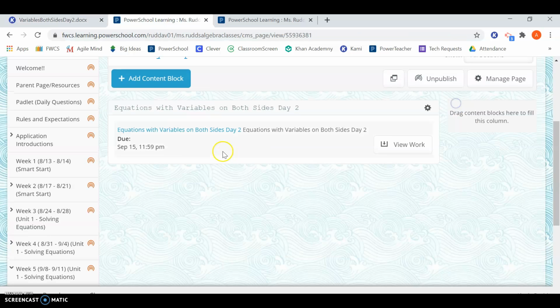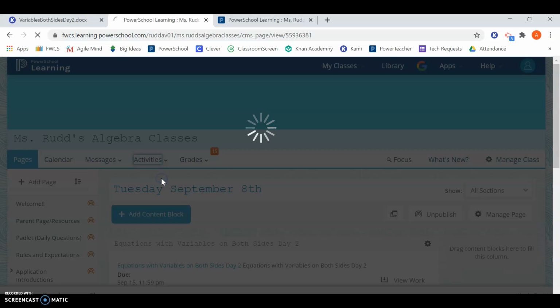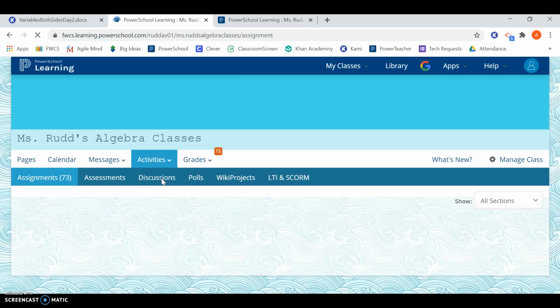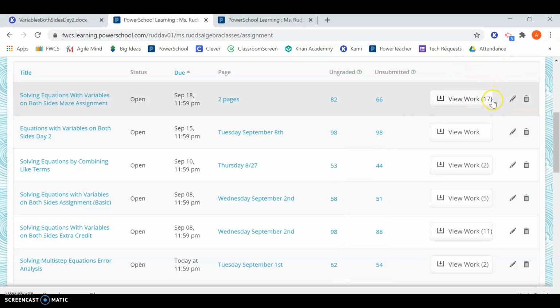But before we get started, I want to mention something real fast because I've noticed that a lot of you are missing some assignments. I know a lot of you have completed them but haven't technically turned them in. So to check, go to activities and then assignments. It's taking a hot minute to load here, but mine says view work, and yours will say hand in.